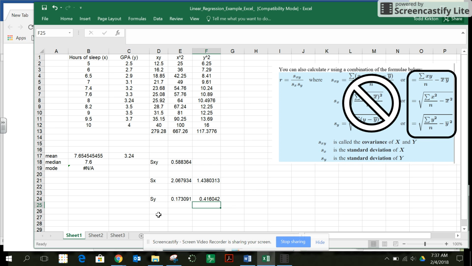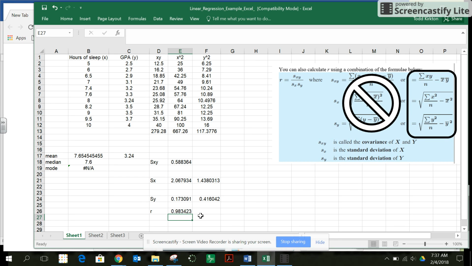So these two calculations were just part of finishing it. To find the R value using this formula, I'm going to type in equals, because I'm doing a formula, the covariance divided by, parentheses, these two multiplied together. So I have a pretty strong R value, 0.98.